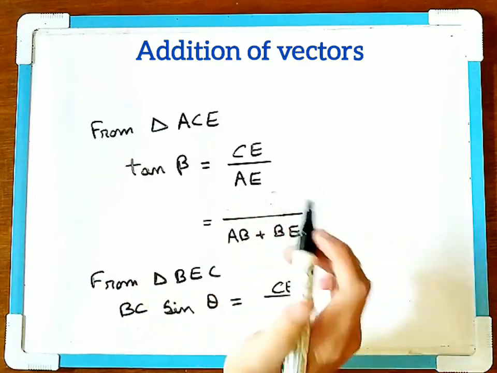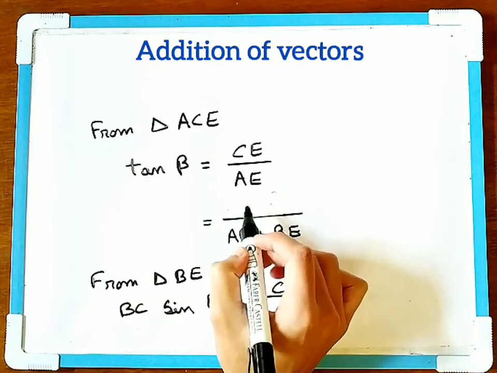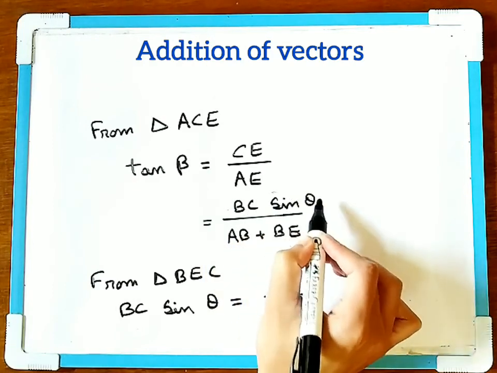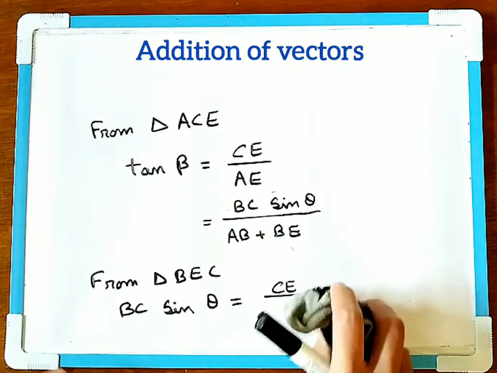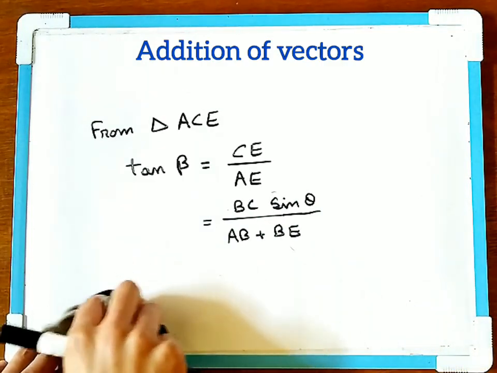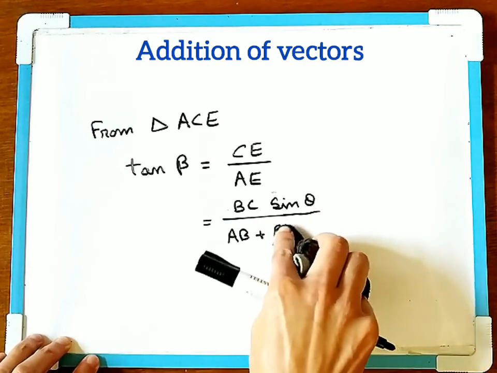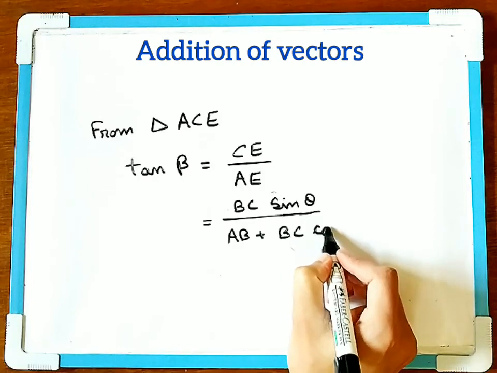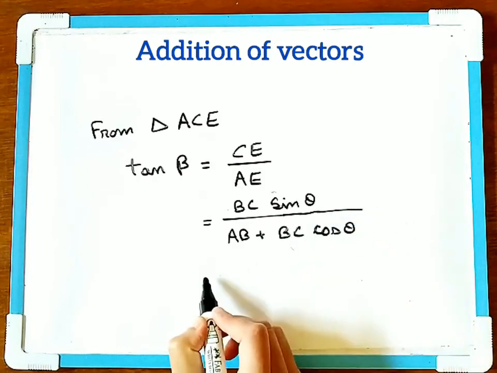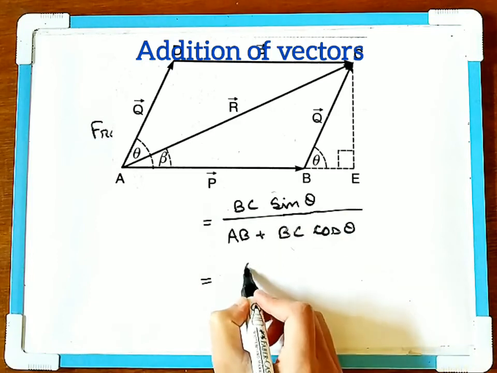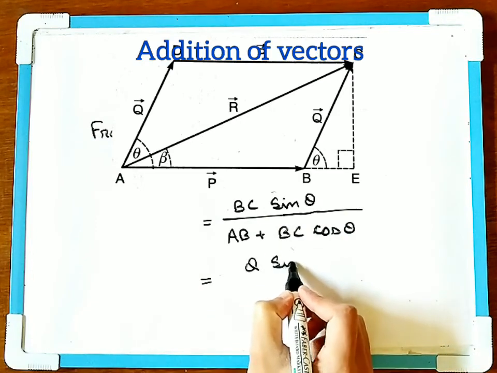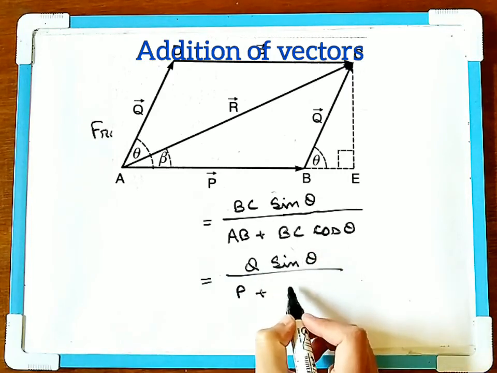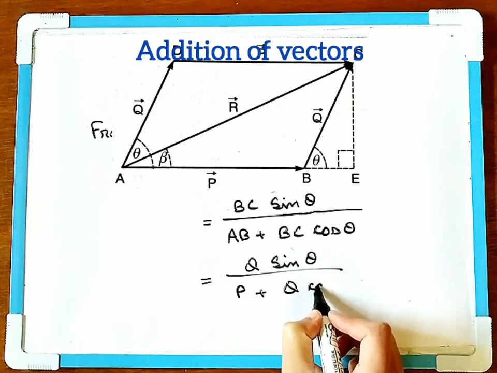Now BC is the magnitude of Q vector, so CE is Q sine theta. Now BE, I've told you earlier, is equal to BC cos theta. Now you put BC as Q sine theta, AB as P, and BC again as Q cos theta.